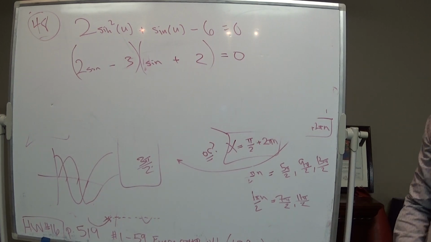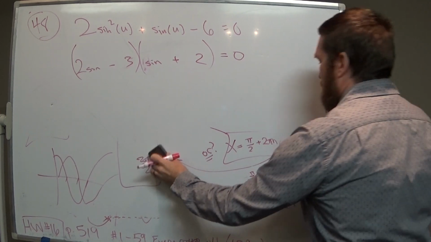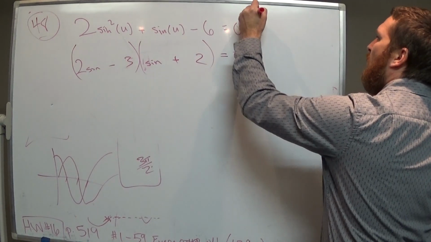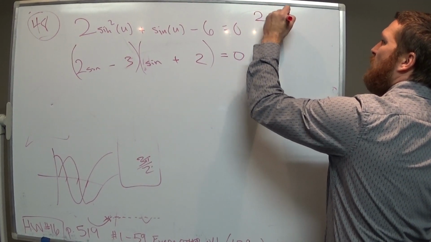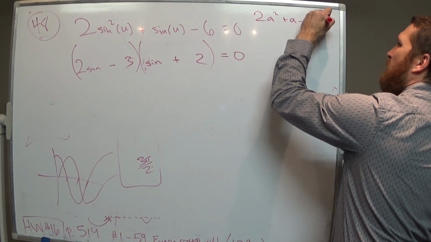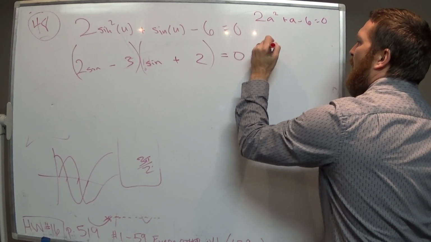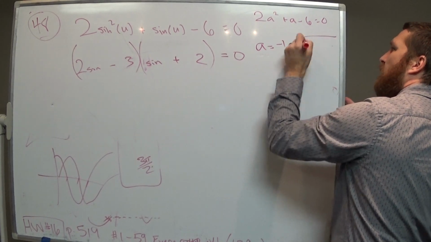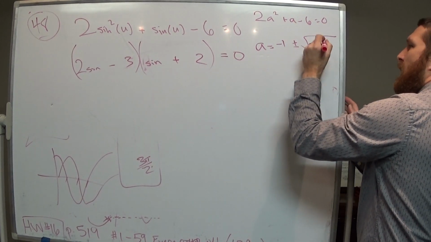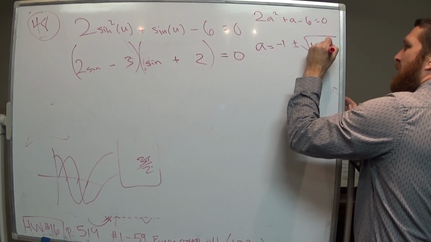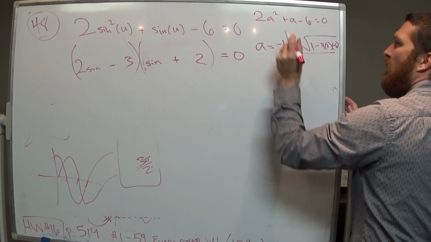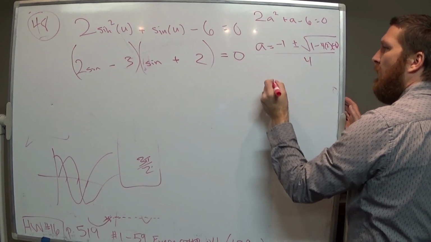Okay, so now, it'll be worth it. Why don't we just do it? So let's say that you did use a quadratic, and you're saying, okay, well, this is the same as 2a squared plus a minus 6 equals 0. And you could say that a equals negative 1 plus or minus the square root of 1 squared minus 4 times a times c, which is negative 6, all over 2 times a, which is 4.